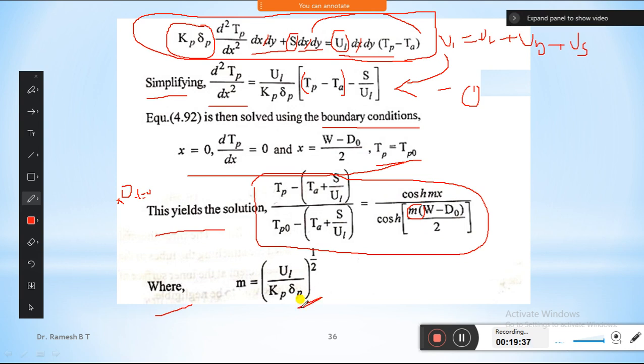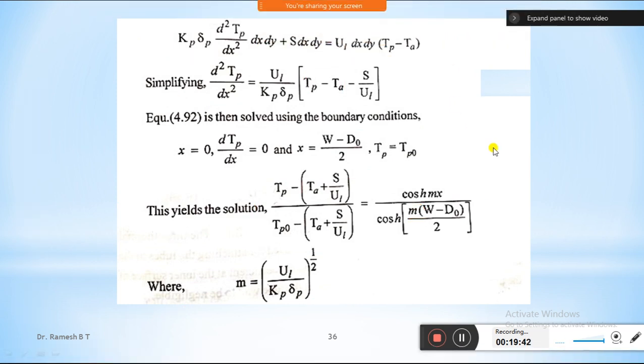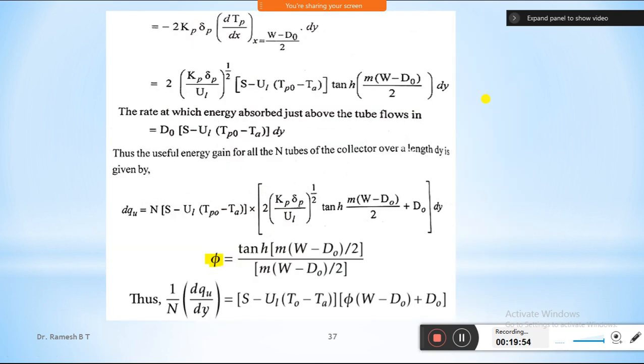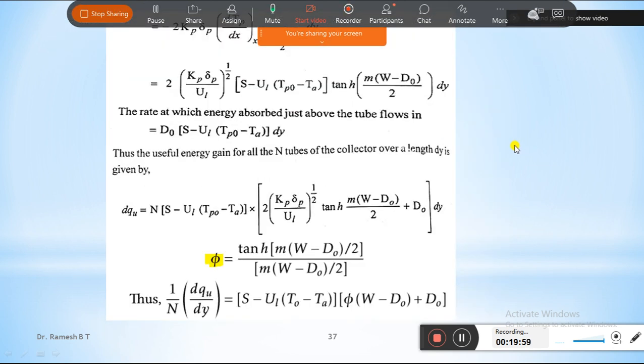And the temperature distribution obtained is similar to that of a long rectangular fin. The rate at which energy is conducted through the plate for one fluid tube we can consider as minus 2 Kp rho p into dTp divided by dx, where x is equal to W minus D naught by 2, into dy.